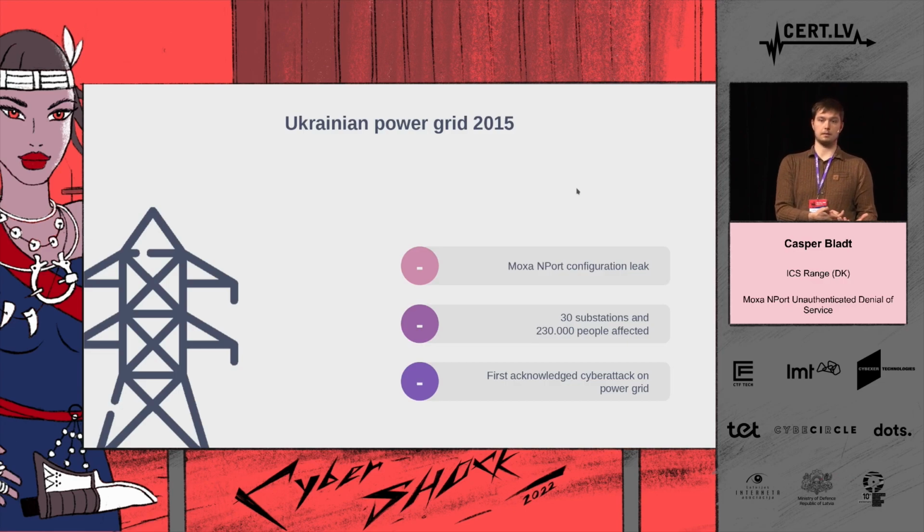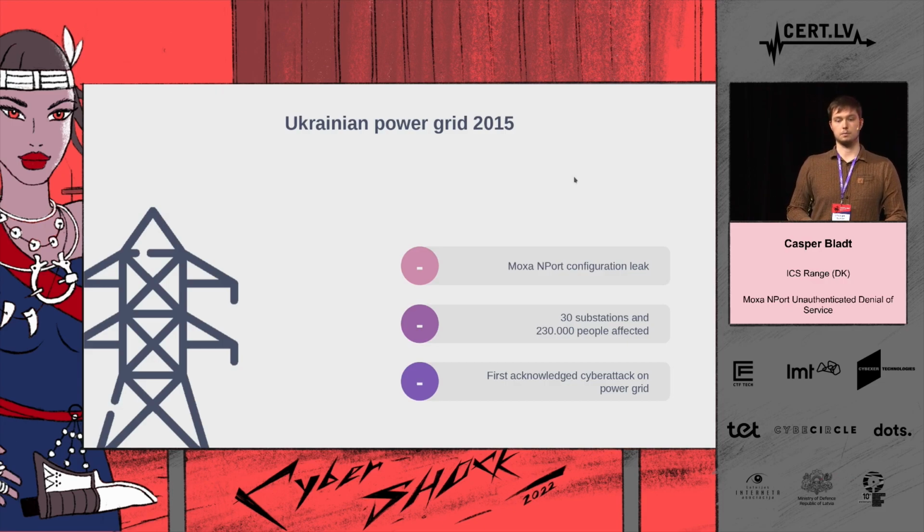From a bug in the Moxa firmware, they could, through SNMP, leak the whole configuration, wherein the administrator password was in clear text. With this clear text password, using the Windows tool that Moxa supplies, they could log in to the device, attach the serial COM port to their computer, and take control of whatever was at the other end of that serial connection.